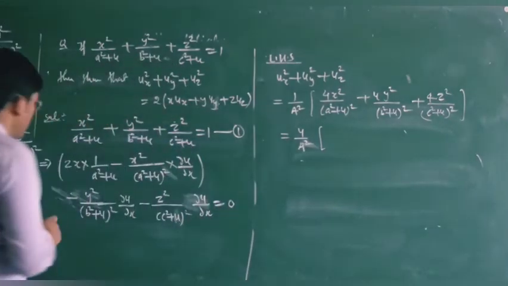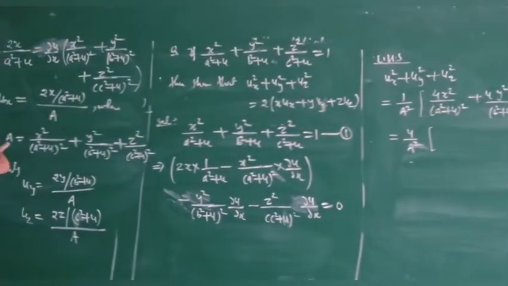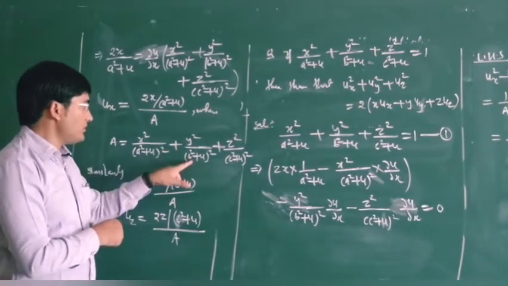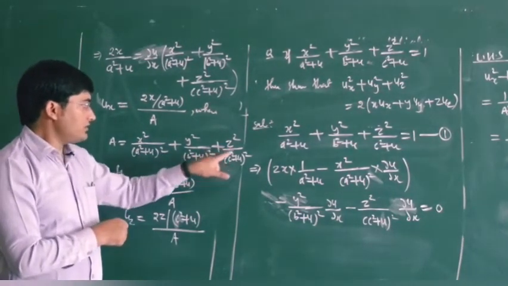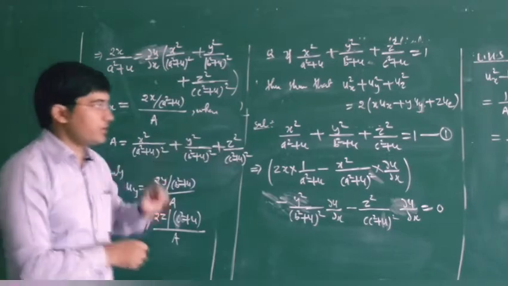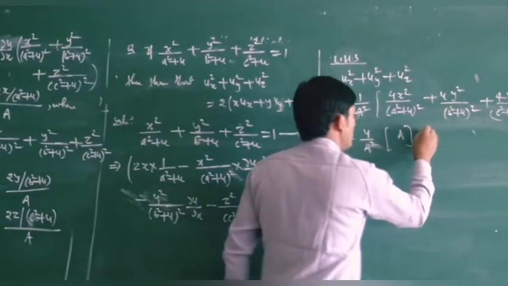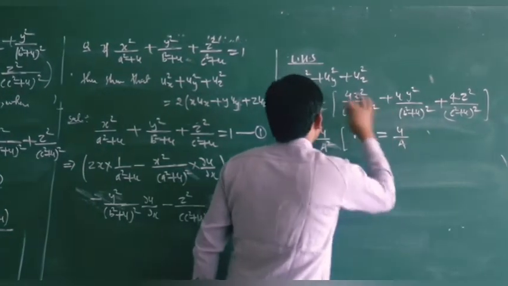And its value was A. So that means this bracket is A, so this is equal to 4/A. So this is your left hand side.